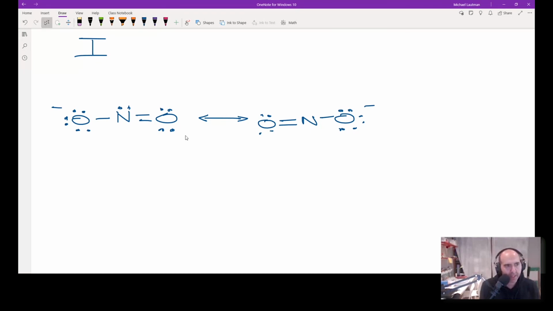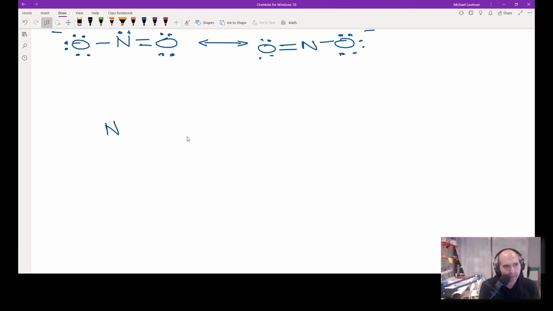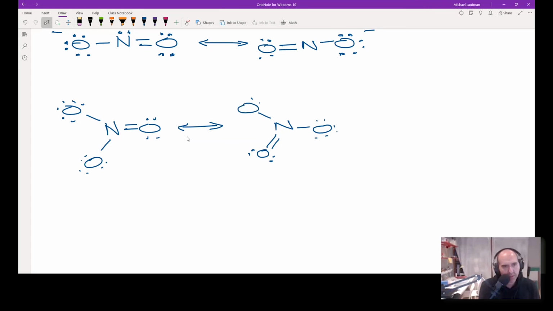In contrast, if I look at the nitrate ion, nitrate is one we've studied in class before, and you may remember that there are in fact three resonance contributors to the nitrate ion.